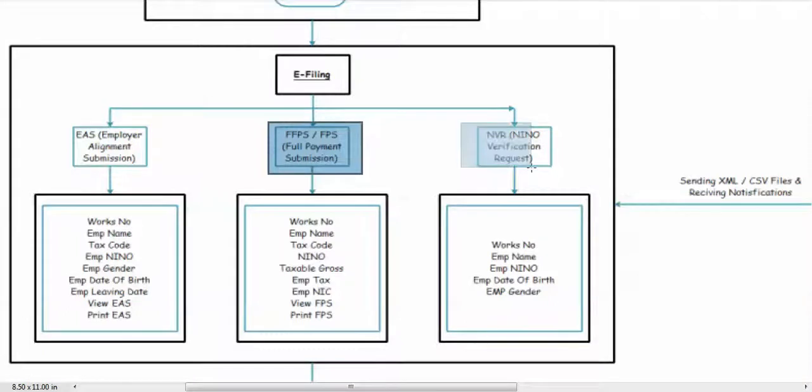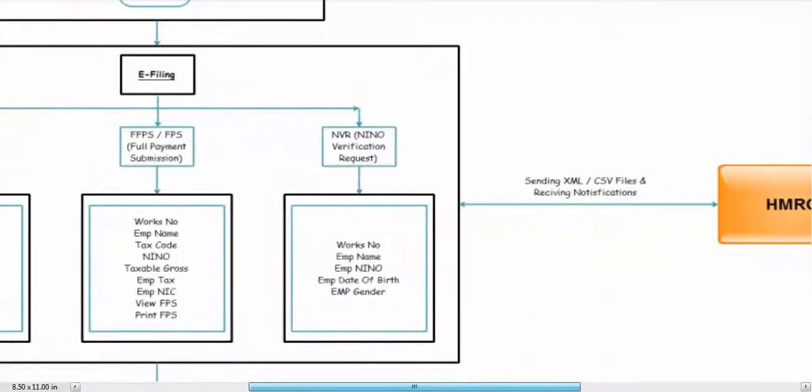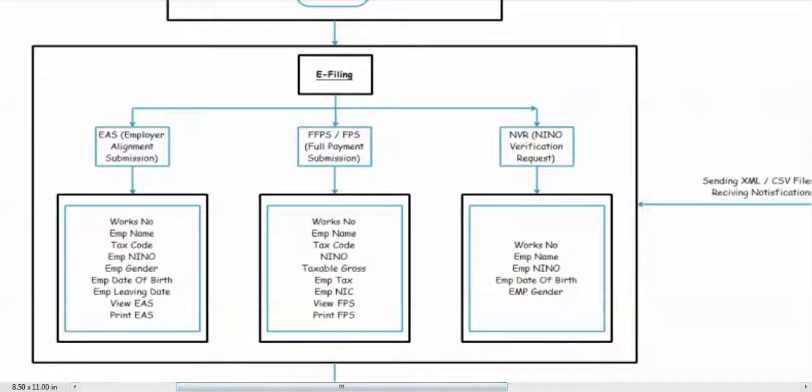And also the NVR, that is National Insurance Number Verification Request. This National Insurance number has to be verified by the HMRC, and they will reply whether it is valid or invalid. So these are the important details required to process the parent process.